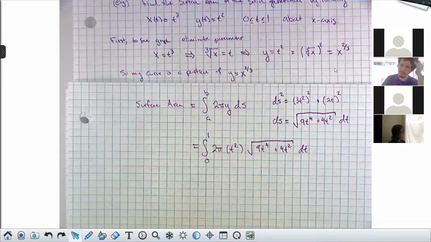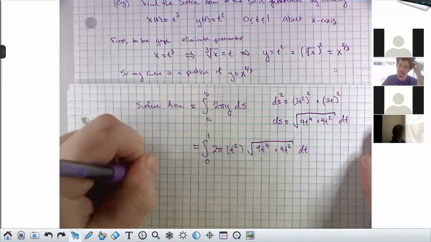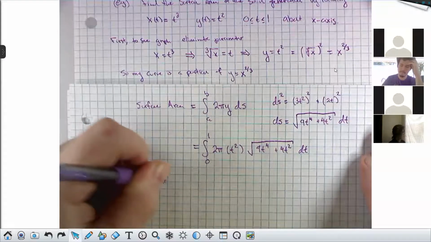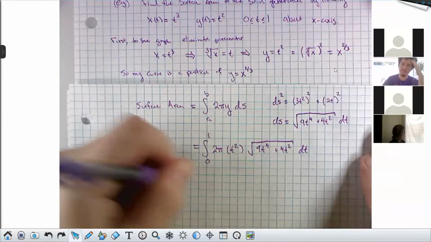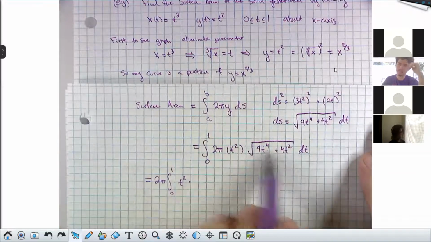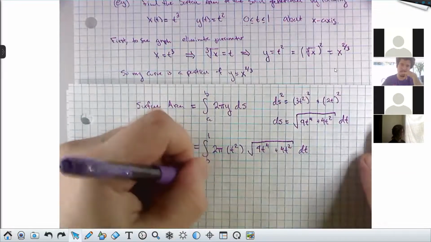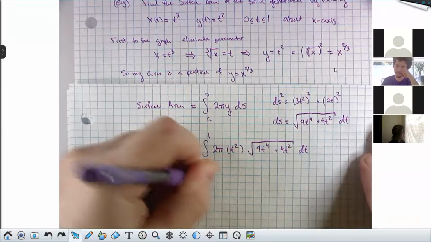And there's a lot that we can do with this. I can pop out the 2 pi, extend over here. So I have 2 pi integral 0 to 1 of t squared times, and within here I can factor out a t squared. In fact, I'm going to factor out a 4t squared under that square root.